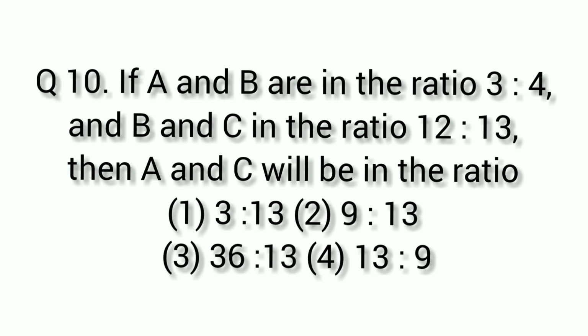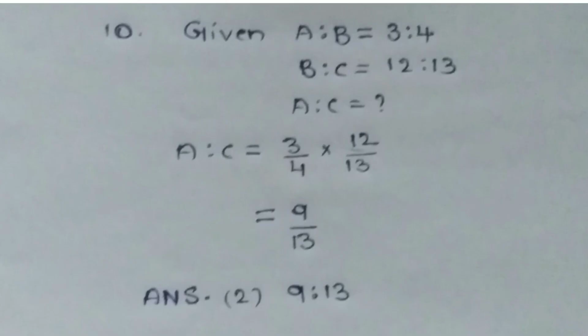So here you are supposed to find out the ratio of A is to C. As I already told you in the sixth solution, in the first method, whenever we have A is to B, B is to C ratio, when we want to find out the ratio of A is to C, we have to just multiply the ratio of A is to B and B is to C. So I have used this method and I have solved this 10th question.